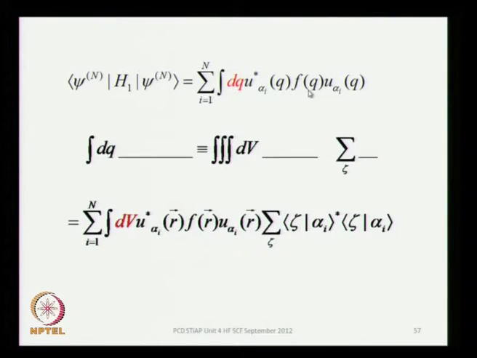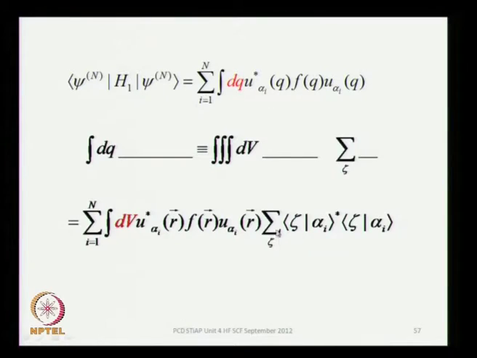Now, this operator does nothing to the spins, okay. We know precisely what that operator is. It is just the kinetic energy and the potential energy operator for every single electron. So, it is not going to touch the spin, and therefore, the summation over the spin functions can be carried out separately, and this summation is summation over zeta alpha I complex conjugate, because this is coming from this complex conjugate part, and then you have a spin function from this state, right.